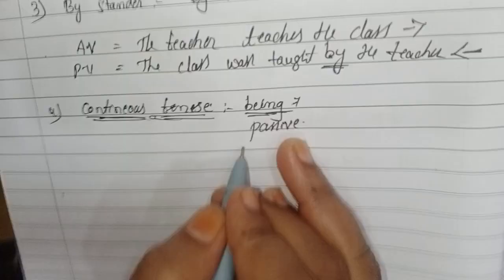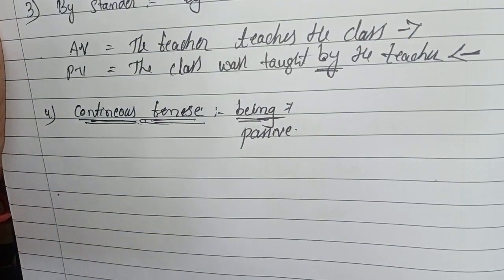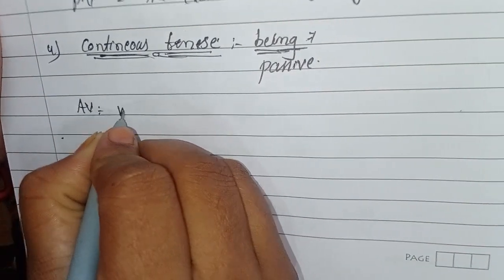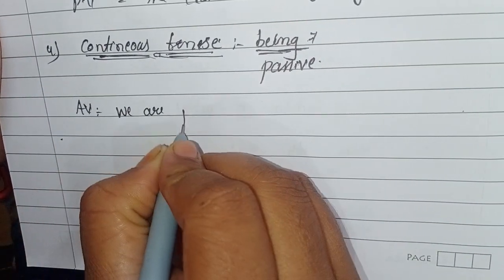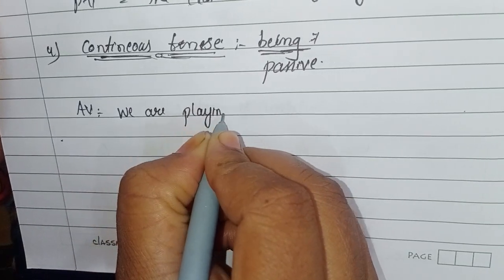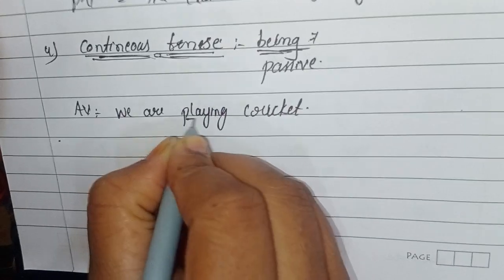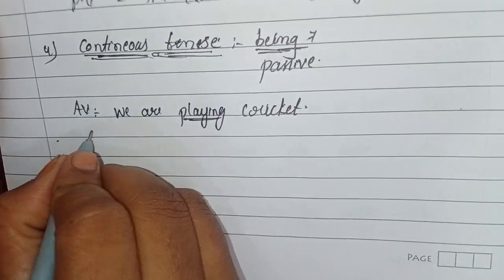I give one example for that. Active voice: We are playing cricket. Playing is a continuous present tense.